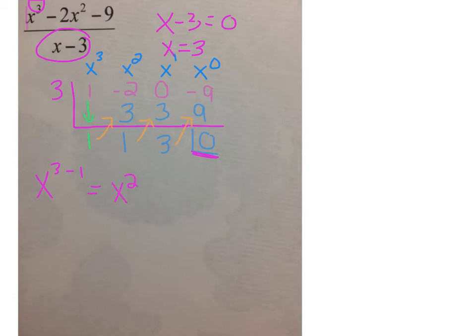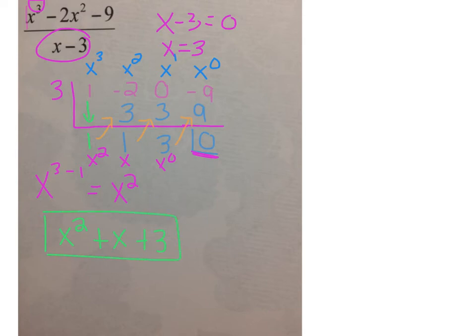What this means is that since x minus 3 is a factor, the next one that we're going to start with in our answer is going to be x squared, and we're going to go in descending order. So all this means is that we have 1x squared plus 1x plus 3 with no remainder.